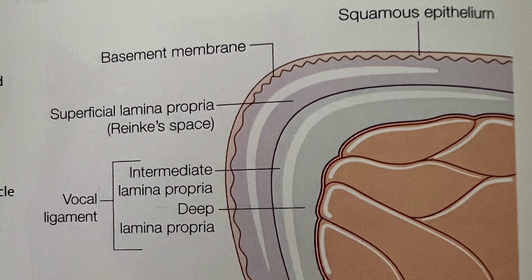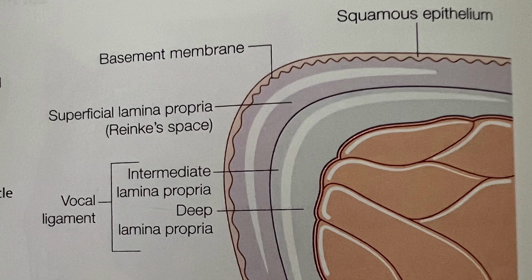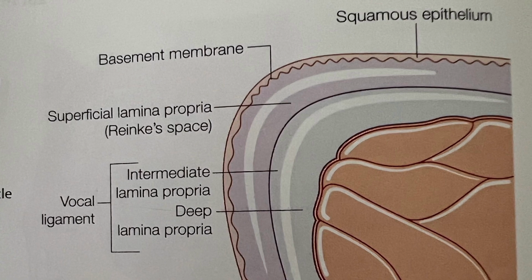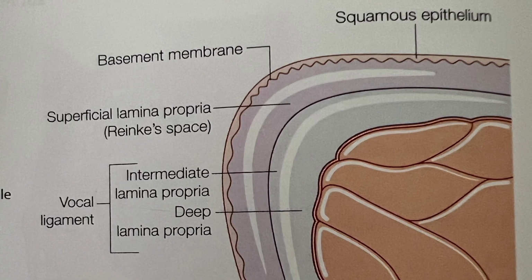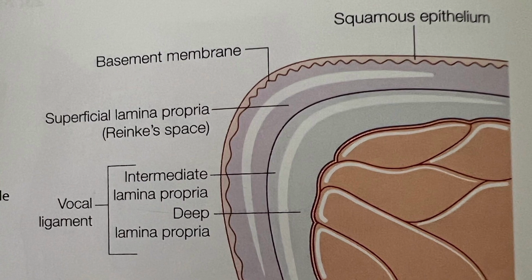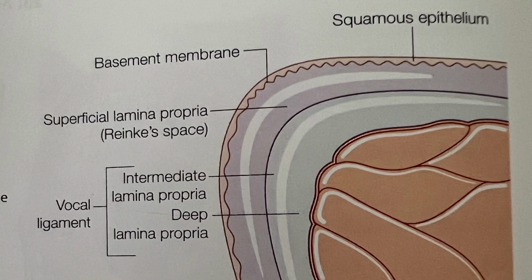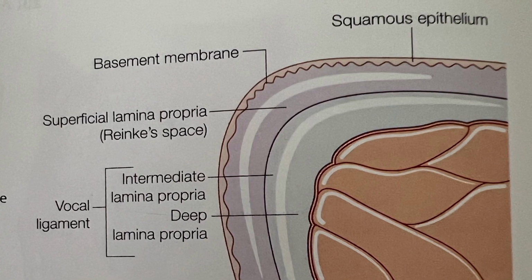The first is the quadrangular membrane, which stretches from the arytenoid cartilage to the epiglottis, with its free superior border along the aryepiglottic fold and inferiorly a free border forming the ventricle of the false vocal cord. So the free border of the quadrangular membrane forms the false vocal cord.